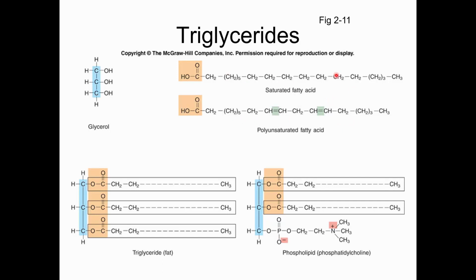Saturated fats is what we tend to find in animal fats, so we have nice straight lines and they all pack in together, so they're solids at room temperature. These are liquids at room temperature, so you want to use your polyunsaturated fatty acids. Those are better for you. One reason is they're less likely to contribute to the bad cholesterol.